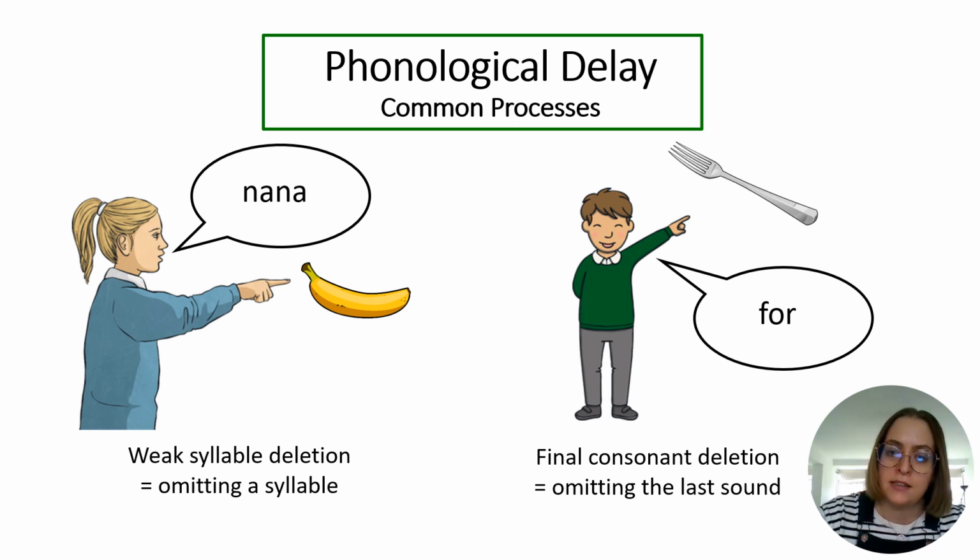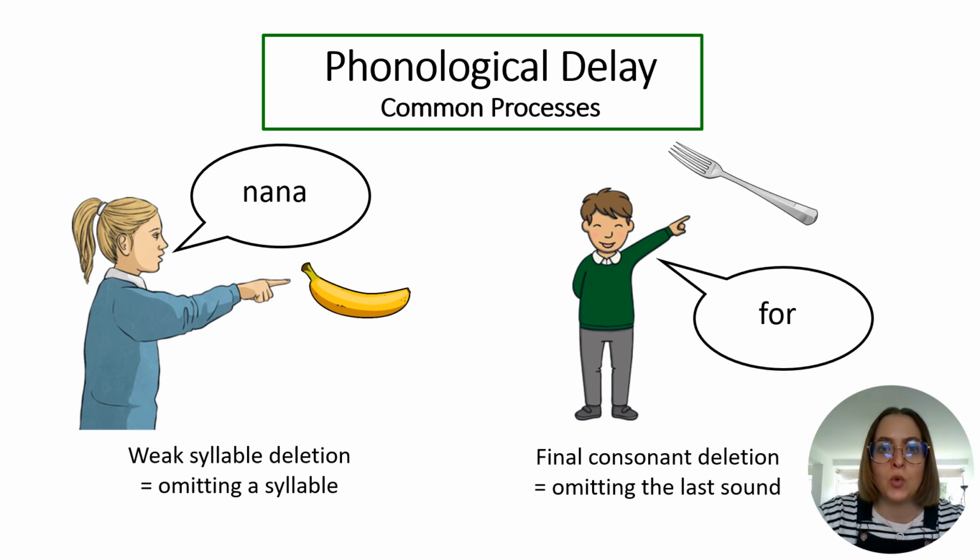There are other patterns common in much younger children too. These are assimilation and reduplication, but the ones on the slide are the ones that we tend to see in school-age children with phonological delay. Assimilation means a consonant sound starts to sound like another sound in a word.